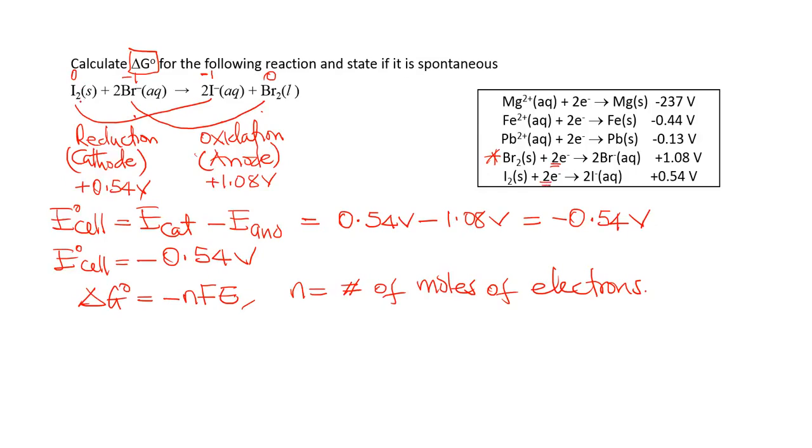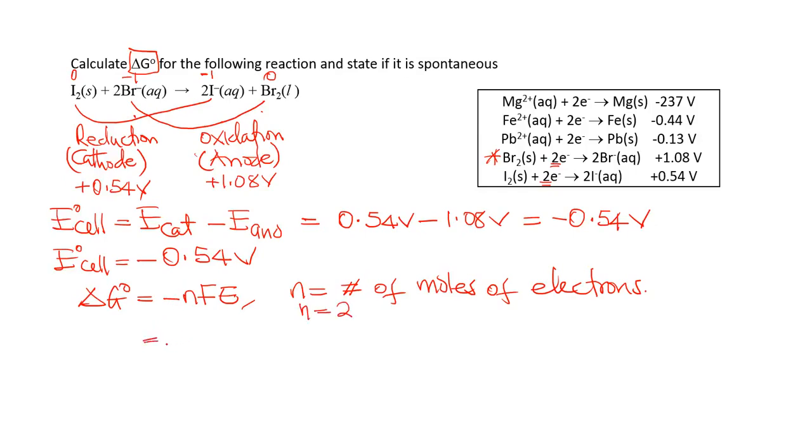Because we have I2, the I2 is going to obtain 2 electrons to give 2I minus. 2Br minus is going to lose 2 electrons to give Br2. So in this case, our n is equal to 2.